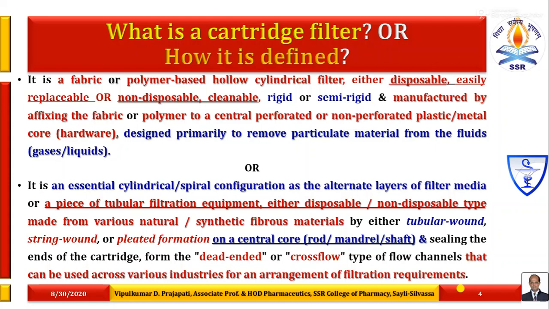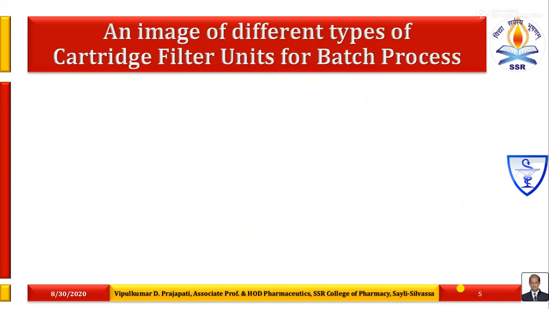So the cartridge filter unit is primarily used to remove particulate material from fluids. So this is the definition of a cartridge filter unit.